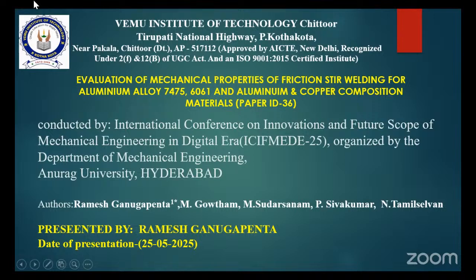The above similar materials are used to make a strong joint by friction stir welding. After welding, we conduct different mechanical tests and find out the mechanical properties and behavior of the materials. This is the research gap I found while studying the literature review.